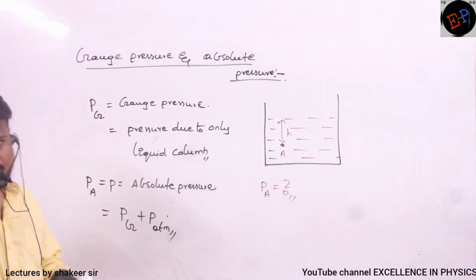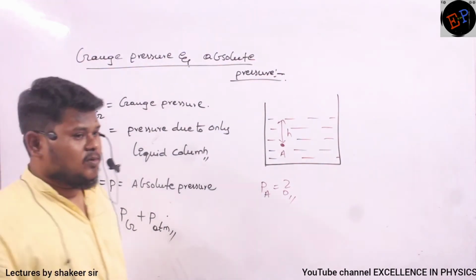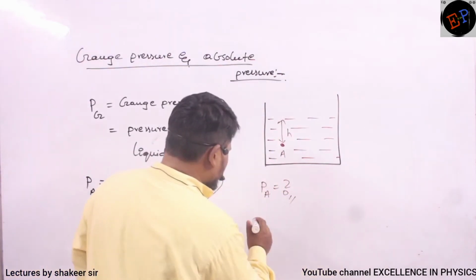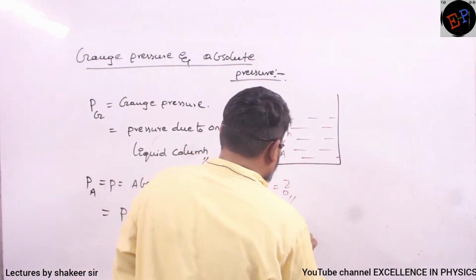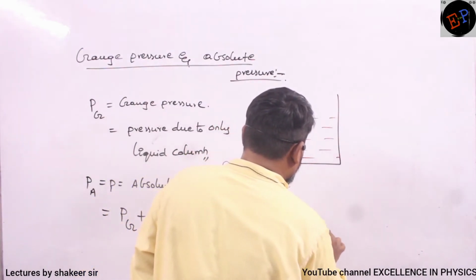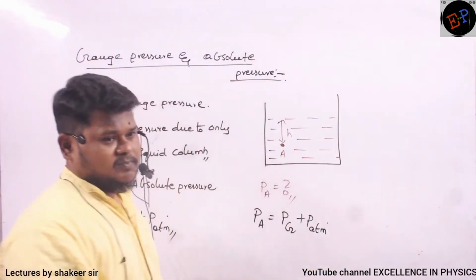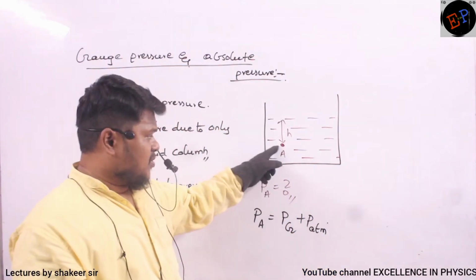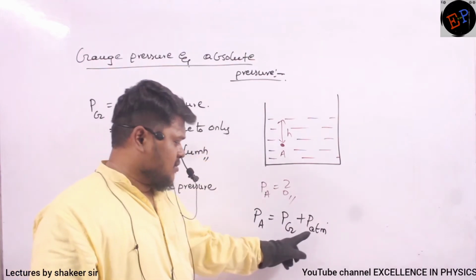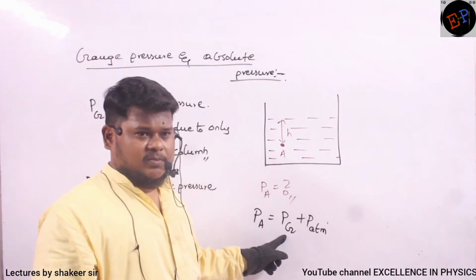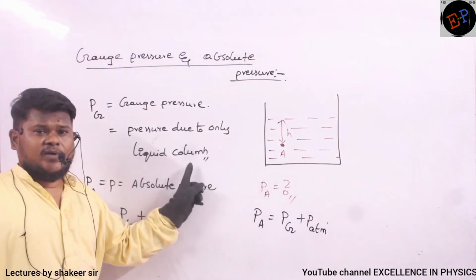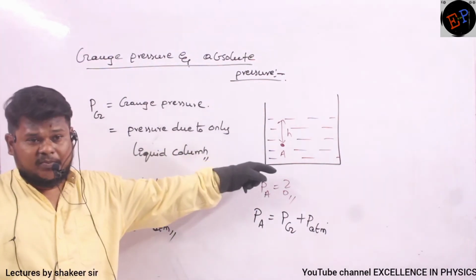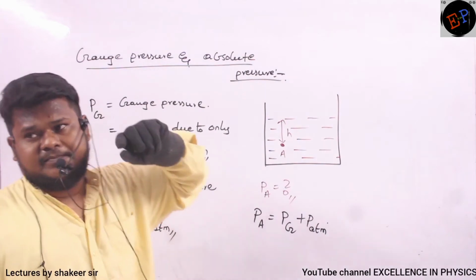The total pressure at point A will be gauge pressure plus atmospheric pressure. Two pressures will be existing at this point. Gauge pressure is pressure only because of the liquid column, but in addition to that, atmospheric pressure also will be present.